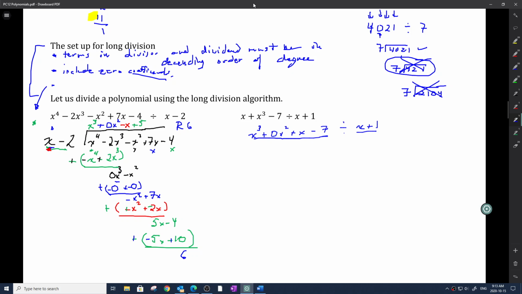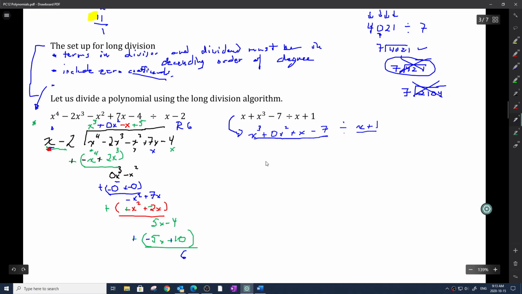Although this is not a necessary step, I think that this is a smart step. This is not in descending order of degree, so I'm just going to do that. When I'm writing it down, x to the power 3, I notice that there's no x squared term, so I'm going to include the 0 coefficient there, plus x minus 7.